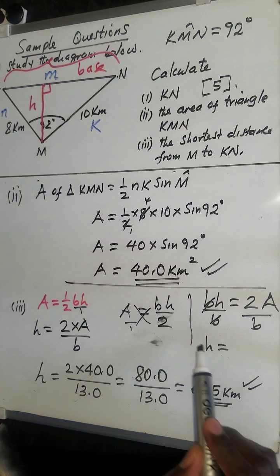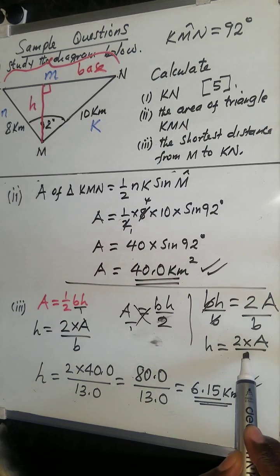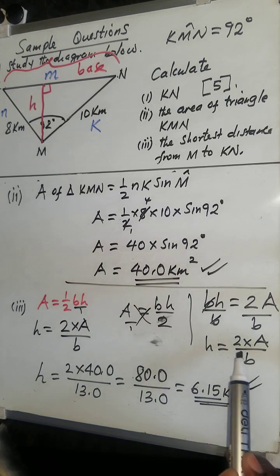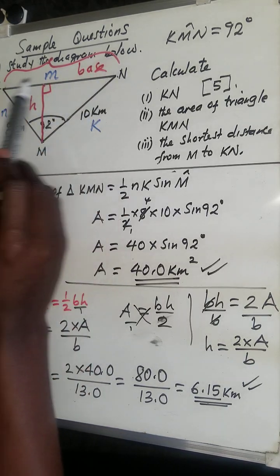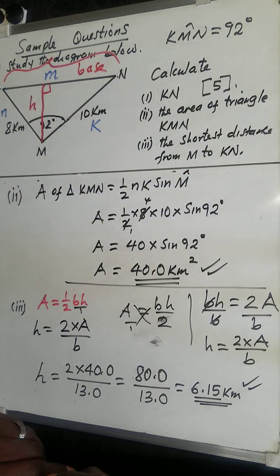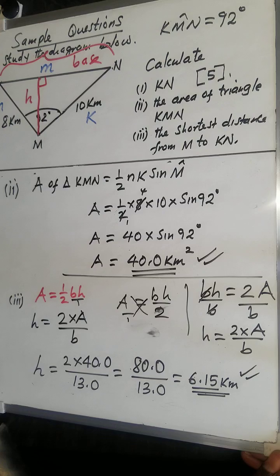So you can see h representing the shortest distance is 2 times the area divided by the base. The base, again, I'm emphasizing, is from point M to that line it is going to meet. That will always become your base.